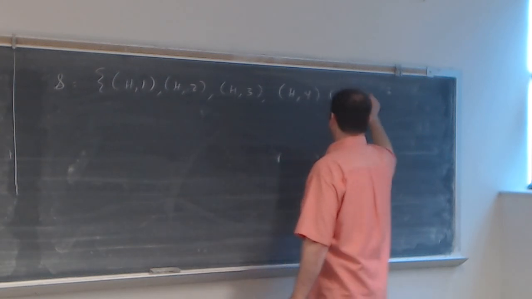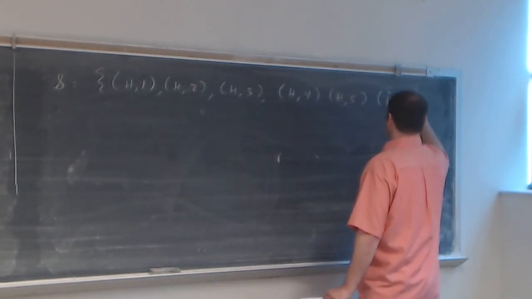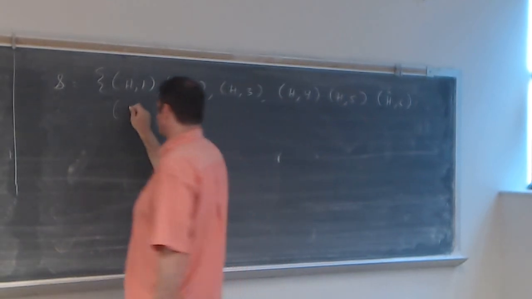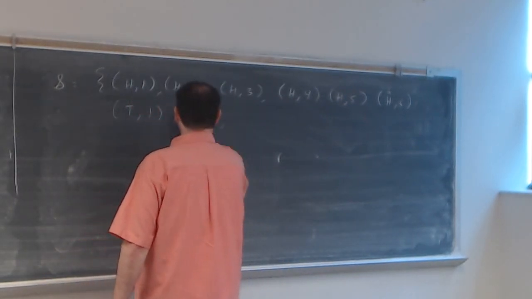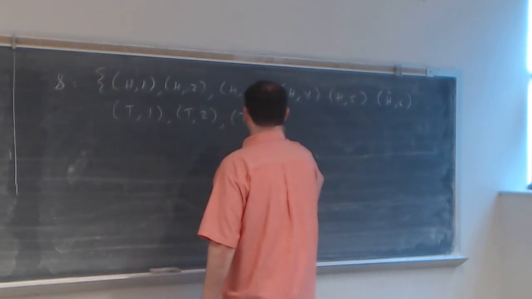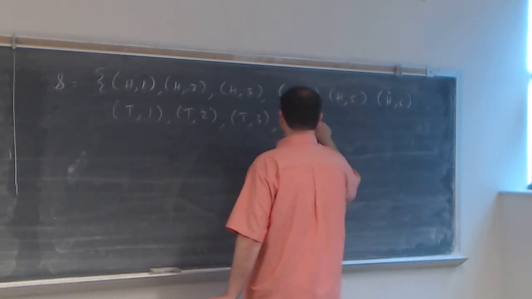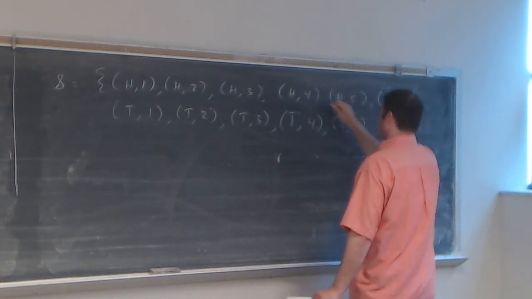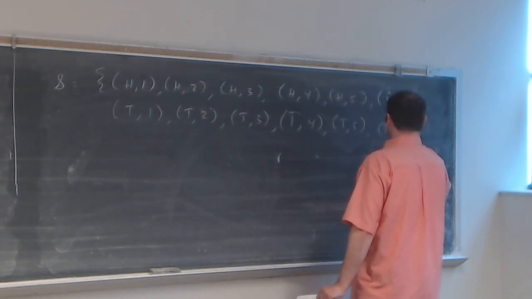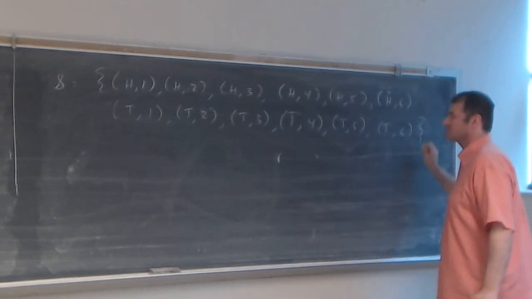Heads then a 5. Heads then a 6. Or we could have got tails then 1. Tails then 2. Tails then 3. Tails then 4. Tails then 5. And finally, we could have gotten a tails and a 6. And that's the sample space.